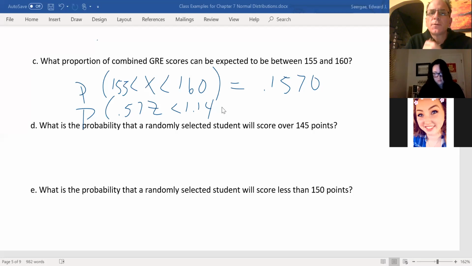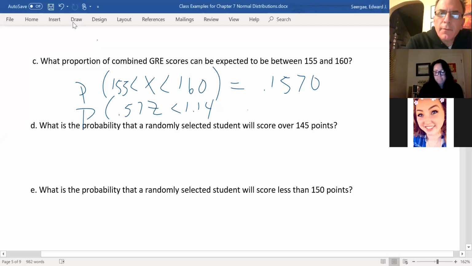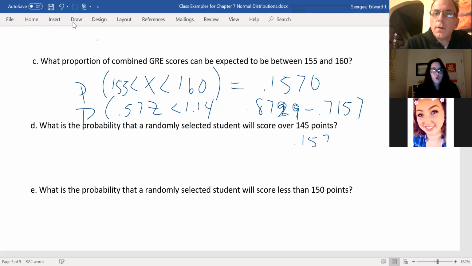So we're going to subtract 0.8729 minus 0.7157, and that's going to equal 0.1572, which is a little different than when we did this one.